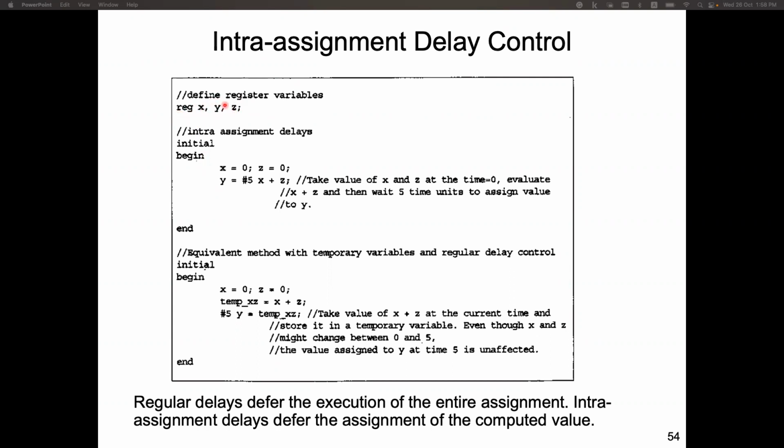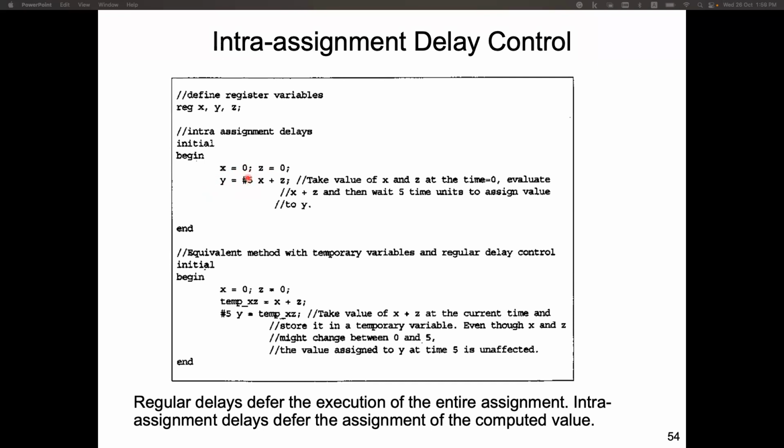First, this line defines register variables: three variables of register type X, Y, and Z. Then an initial block. These lines are executed sequentially. So first X is assigned to be 0, Z is assigned to be 0. Next, this statement. We have this hash 5, which means a delay of 5.